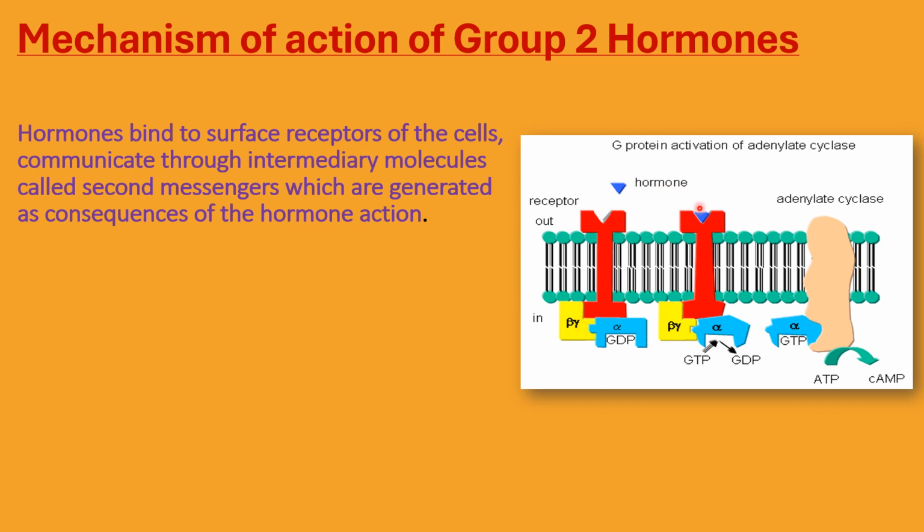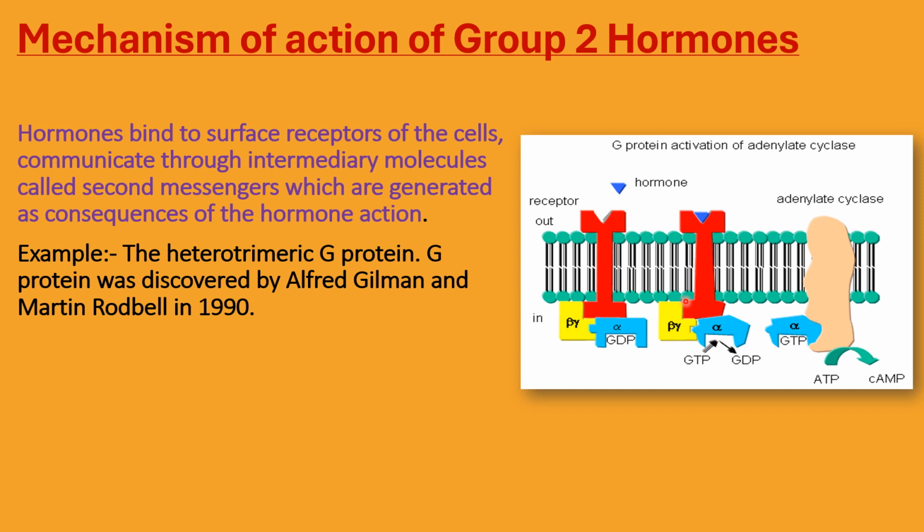When this hormone binds to its receptor, one of the subunits of this G protein, the alpha subunit, gets detached, and this alpha subunit then binds to the adenylate cyclase enzyme, leading to the conversion of ATP into cyclic AMP, and this is the second messenger in this case. So we have one of the second messengers as cyclic AMP.